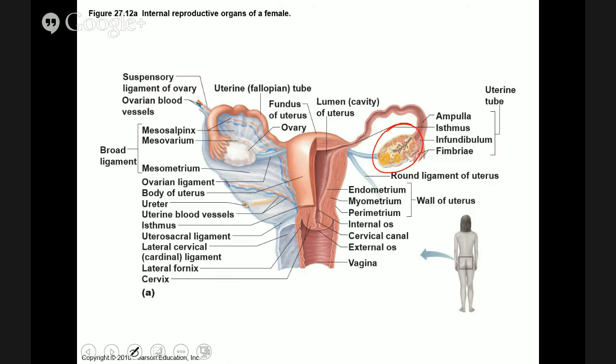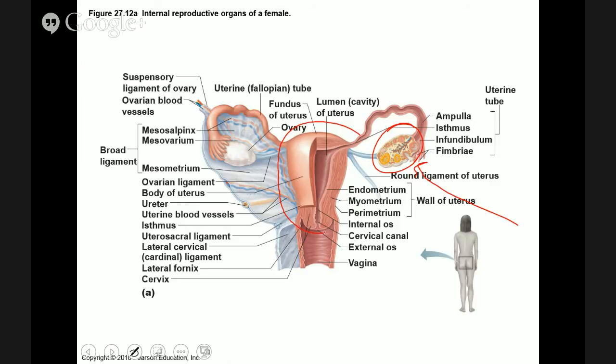So what we're going to see as we look at the development of the egg is that you're going to have a bunch of them found in the ovary, but then one is going to be selected and then develop. And we'll talk about that in the meiosis and all that stuff along with it. All right, so we have the ovaries found on either side of the uterus, which is this structure here.